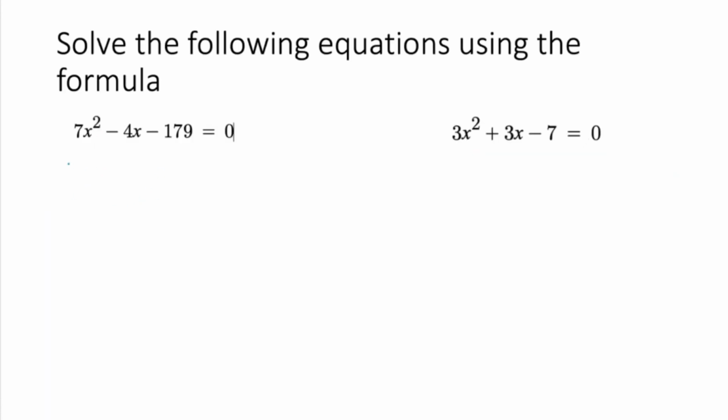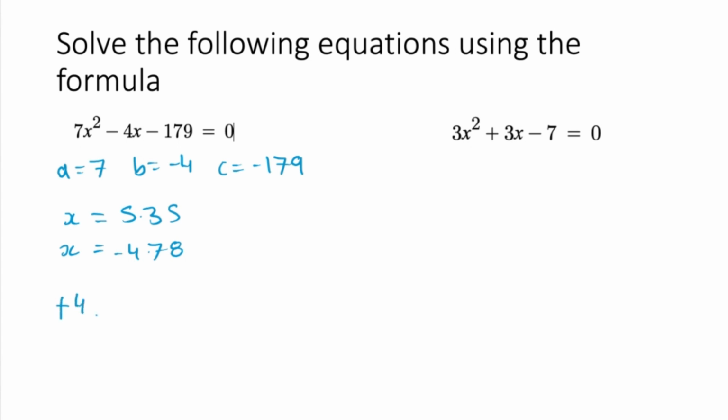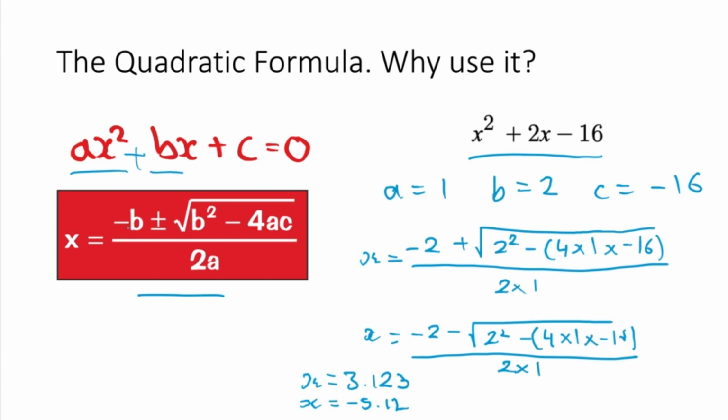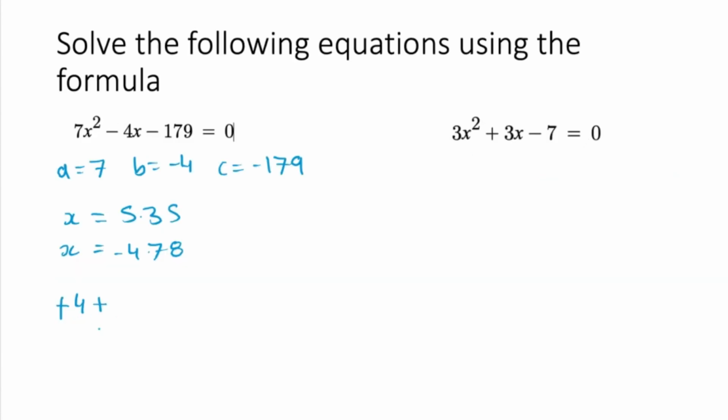Okay, so for this one, a is 7, b is minus 4, and c is minus 179. These are your answers. x equals 5.35 and x equals minus 4.78. Your formula should look like this after you plug in the values. So positive 4, because in this case b is negative, and negative times negative is positive, so you put the positive down first.